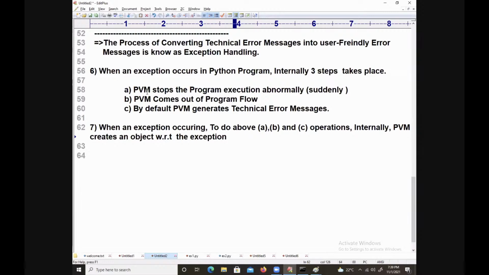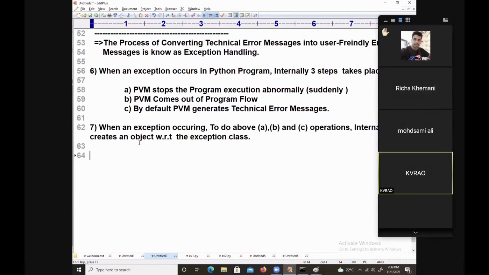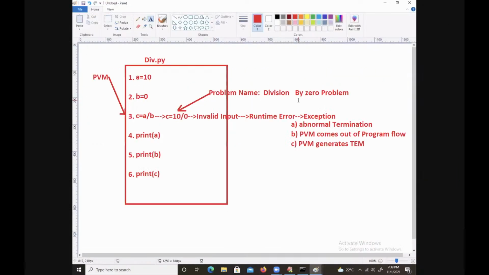See, PVM abnormally terminating. To make it come out of abnormal termination, to generate the technical error message, one exception class is required. Every exception class object is created by PVM. So here in our class, this is a problem name.